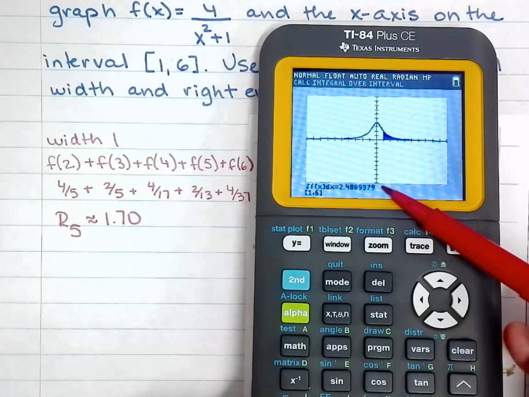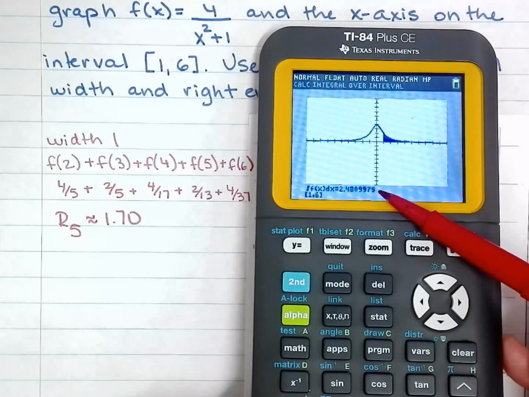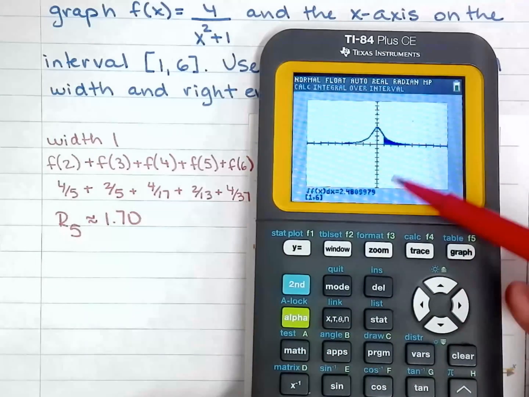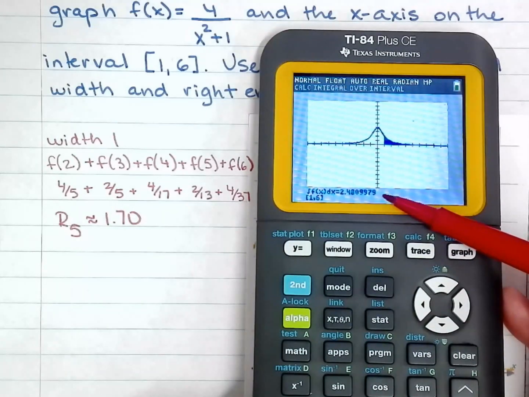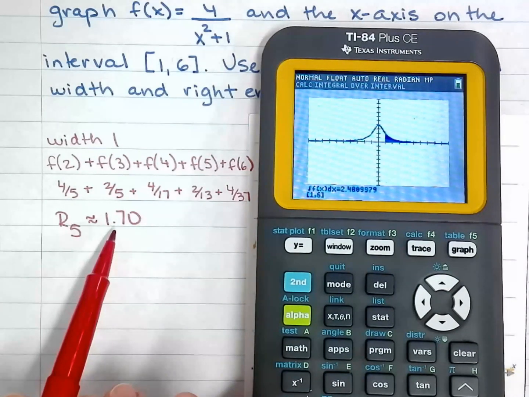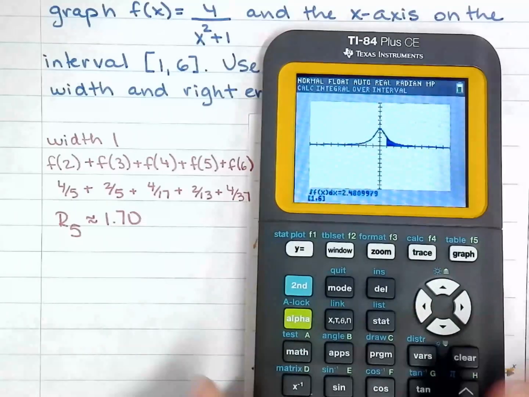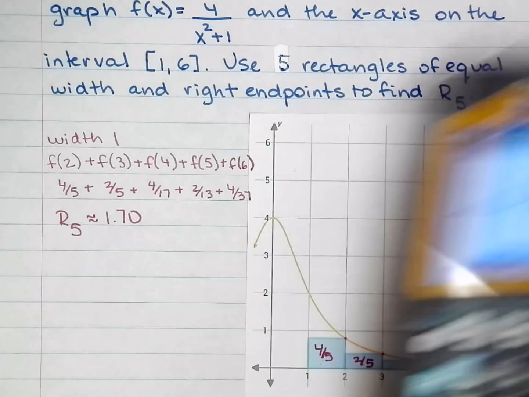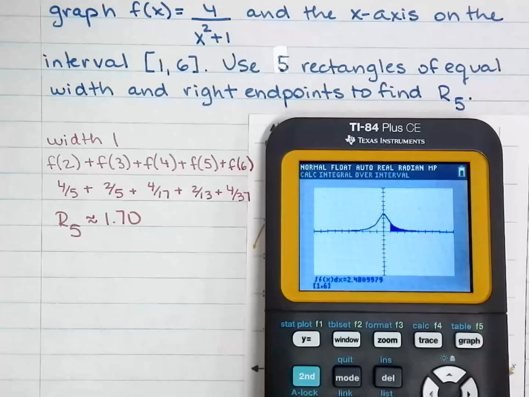And then it will give you the accurate area under that curve. Notice the difference here. The calculator is telling me that it's 2.48. But here with my 5 rectangles, it was 1.7. Why is that? Well, I only had 5 rectangles. There's going to be a difference, okay?